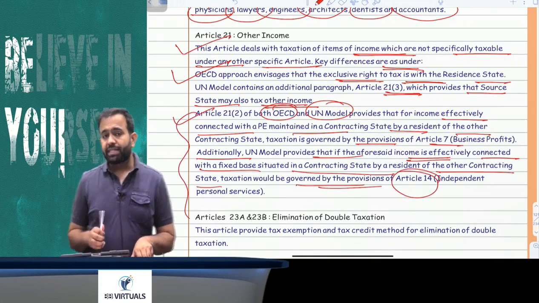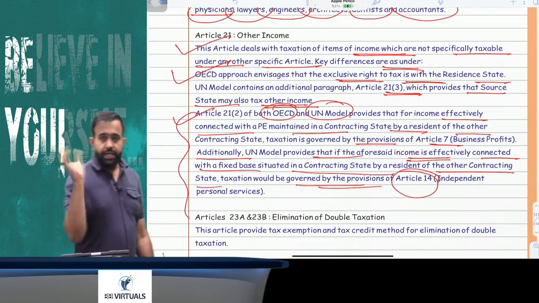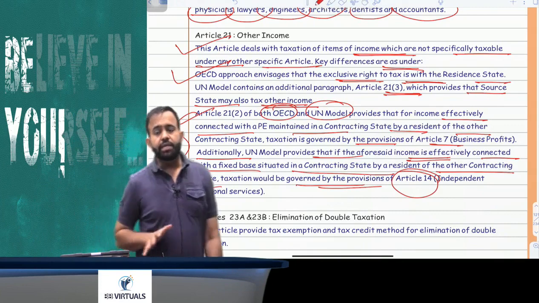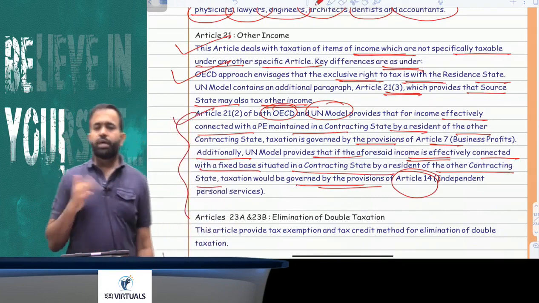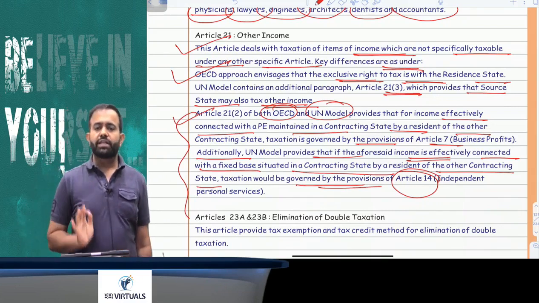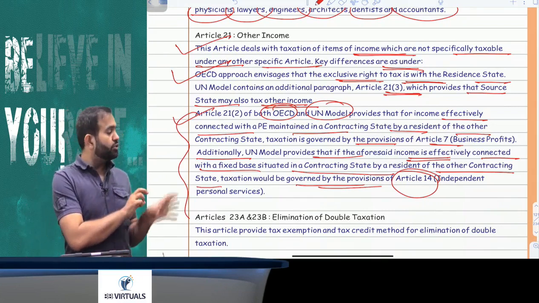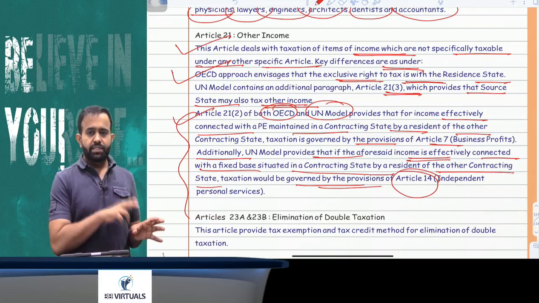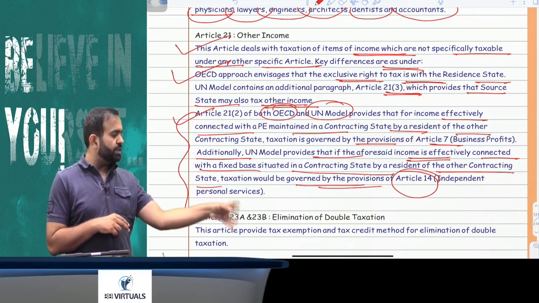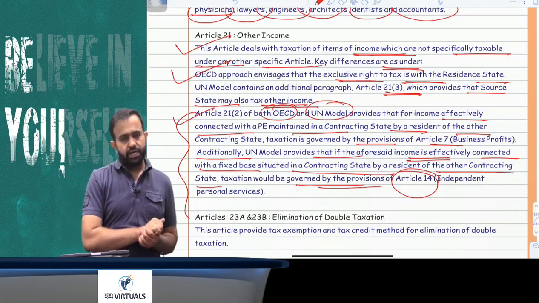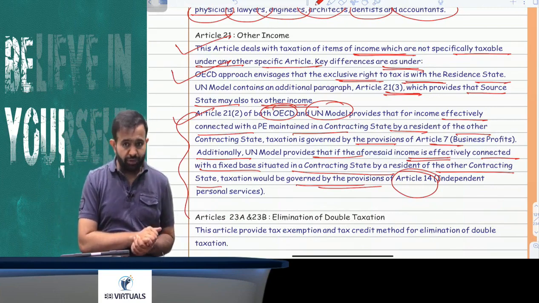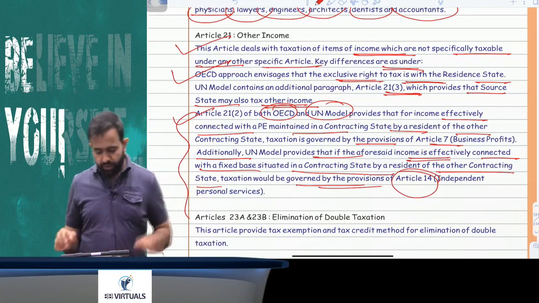So in simple words, on any other income, the OECD model says that only the resident country will charge the tax. But the UN model says that the resident as well as the source country can charge. But if that other income is of a PE, meaning the PE is having other income, then article number 7 and article number 14 will be applicable, not this particular article.